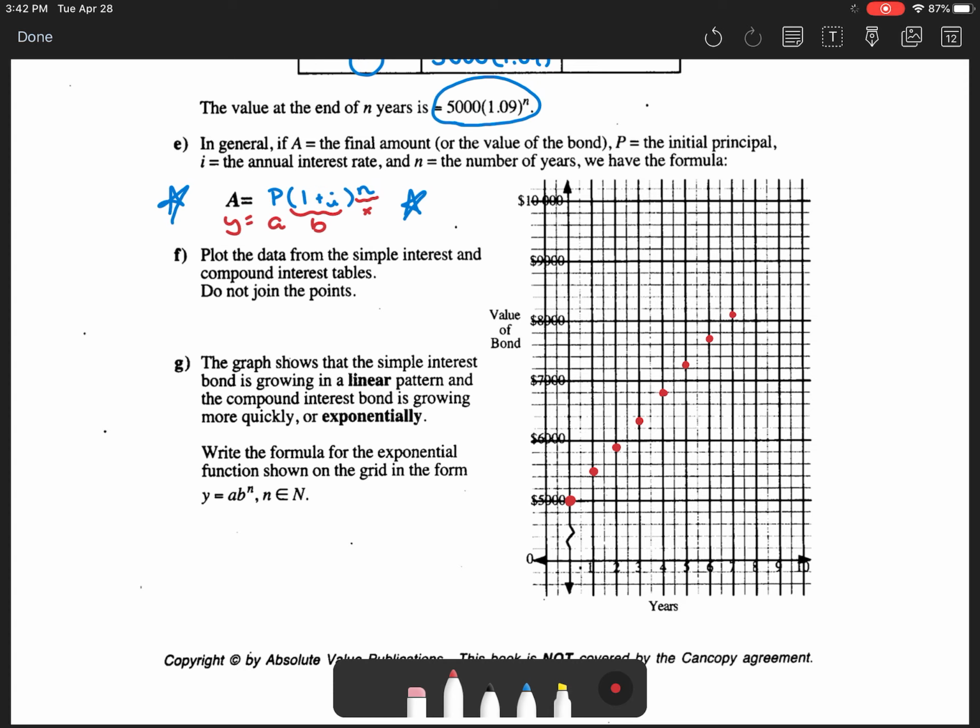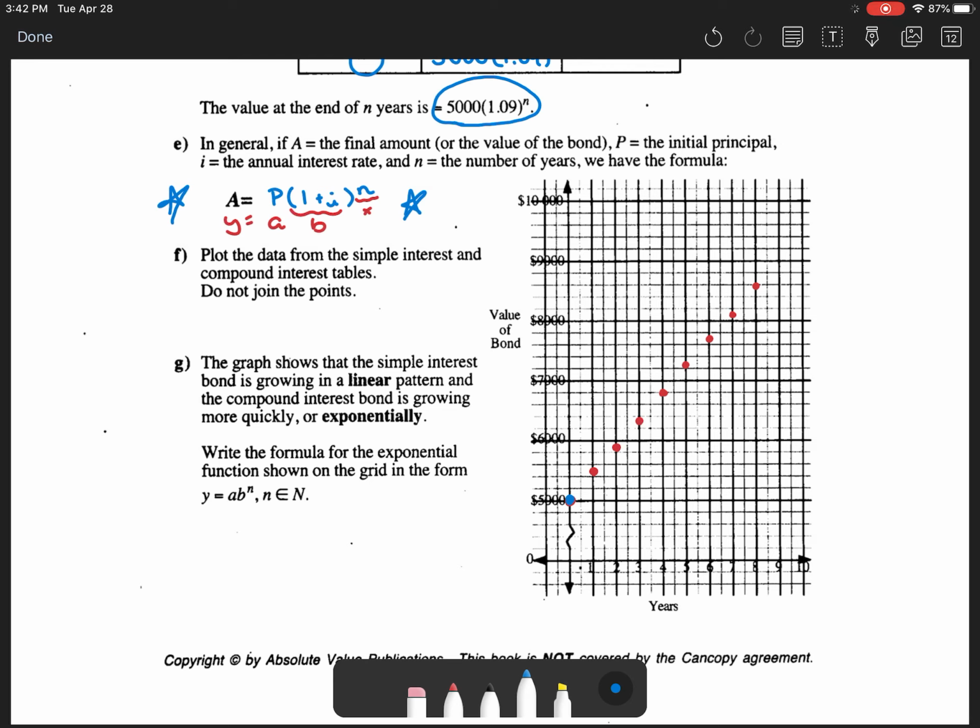Year 6 is 7,700, right there. Year 7 is 8,150, approximately there. And year 8 is 8,600. So there you can see a pretty straight line, and that was the simple interest.